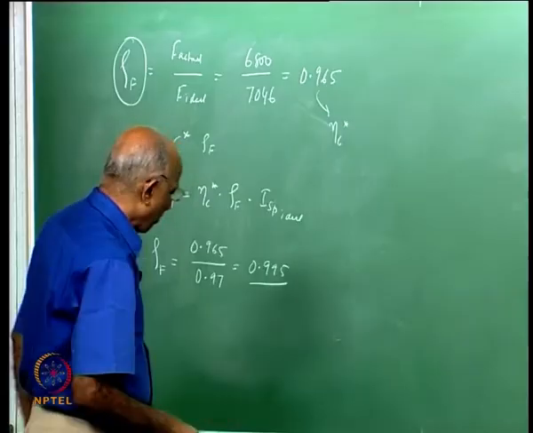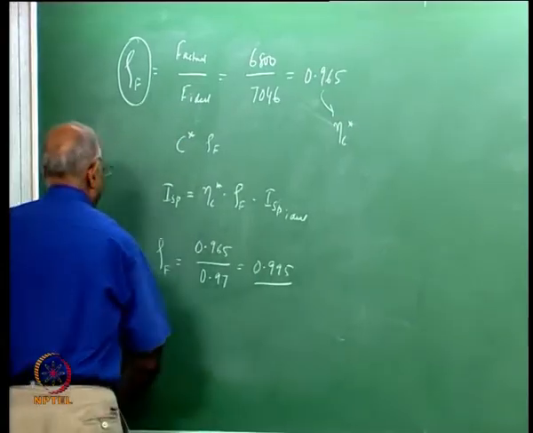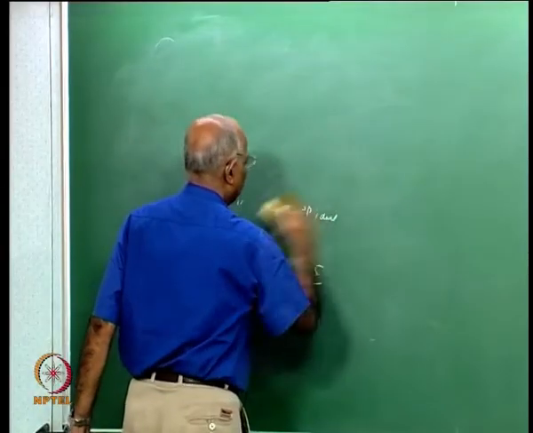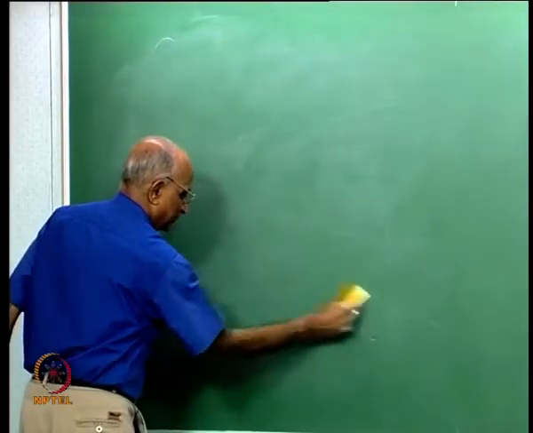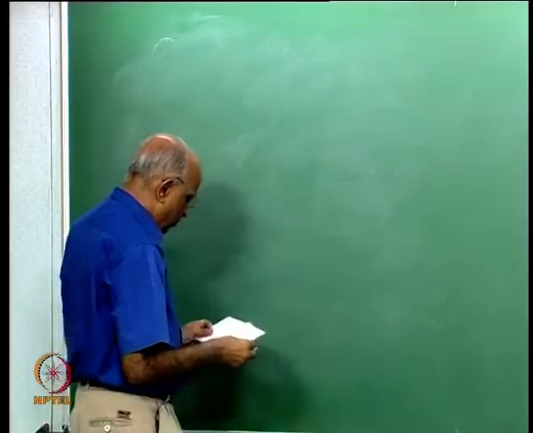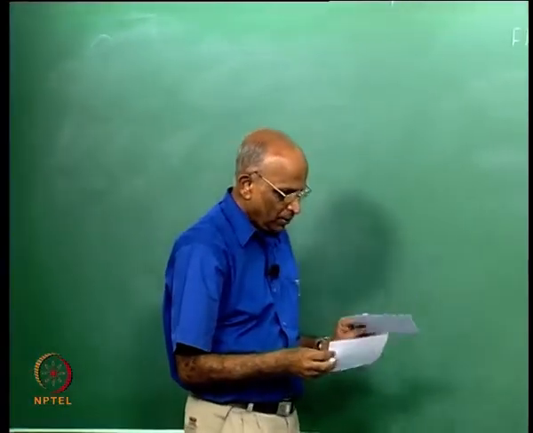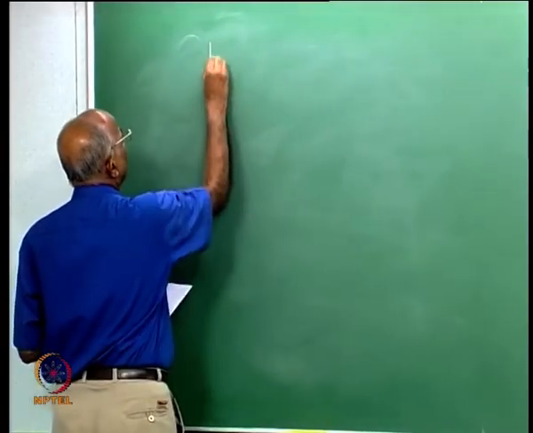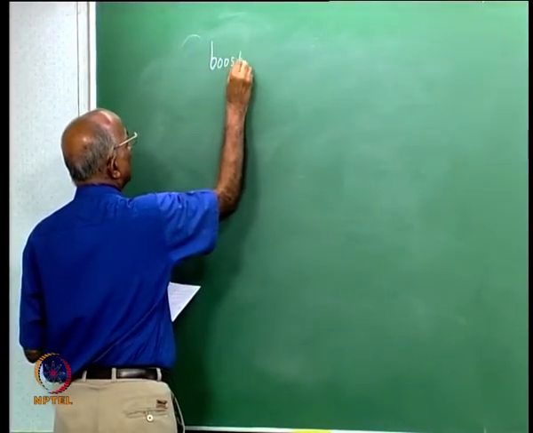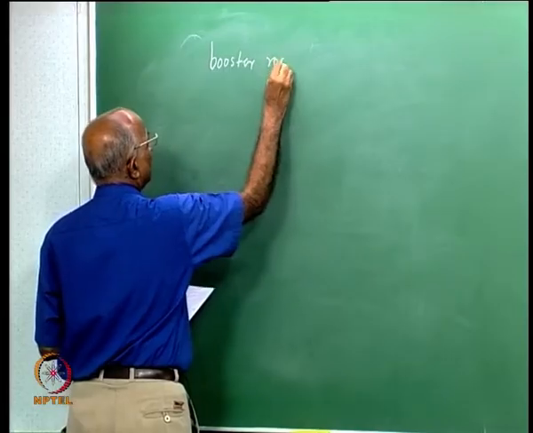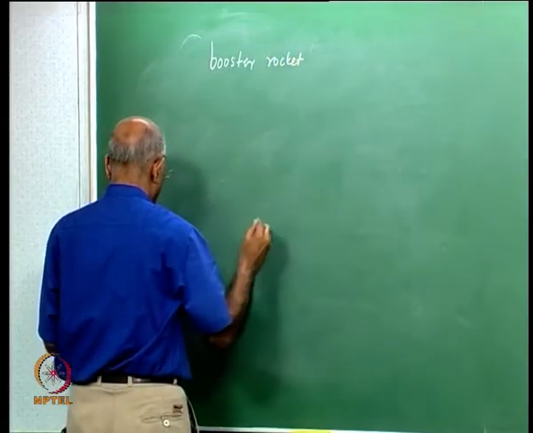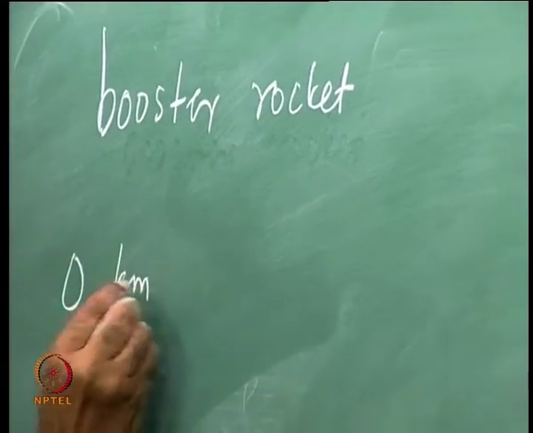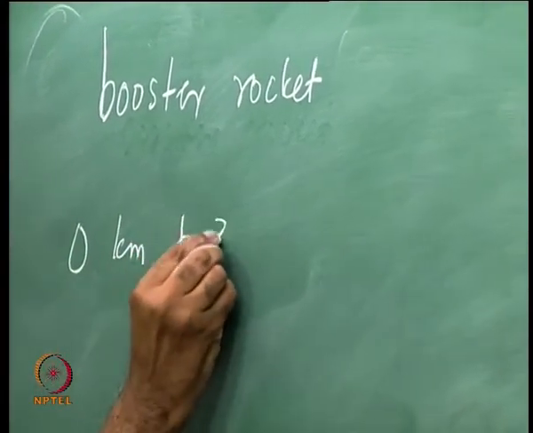Let us take one more problem, a problem of a rocket flying at different altitudes. Let me pose this problem to you first. Let us say a booster rocket flies between sea level, 0 kilometers, and 30 kilometer altitude.